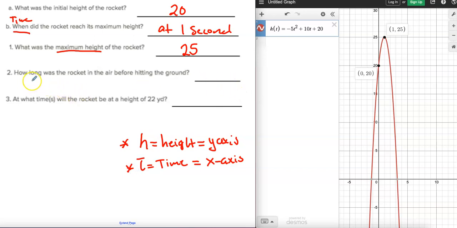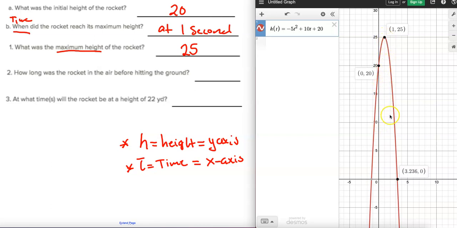Now, how long was the rocket in the air before it hit the ground? First we have to find out when it hit the ground. If I look here, I see that the height, because remember this y is going up, and then what is it doing?